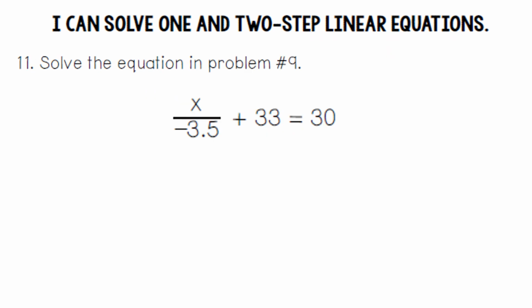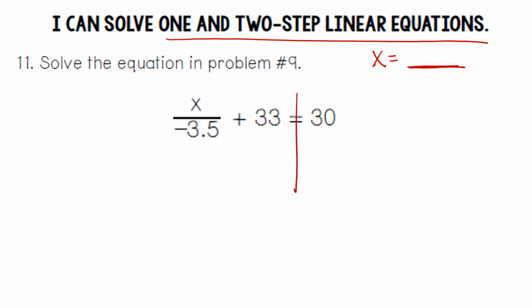For number 11, we're still solving the equations, so we want our answer to be written as x equals and our value. We're going back to problem number 9, which was our first step problem, where we took the plus 33 and we did the opposite. We do a minus 33. When you subtract 30 minus 33, you end up with a -3 for your answer. However, we still have the other part of the problem, x over -3.5, that we still have to solve.